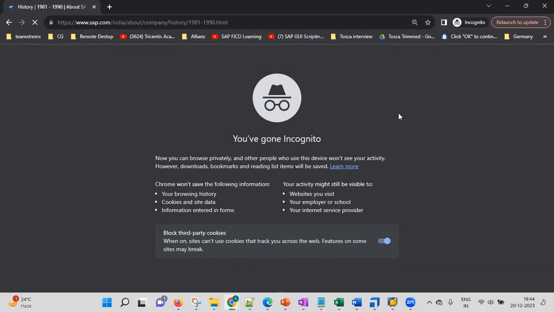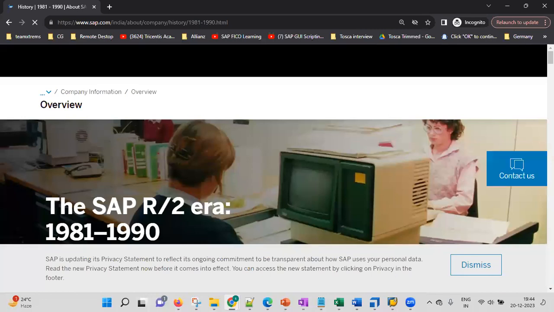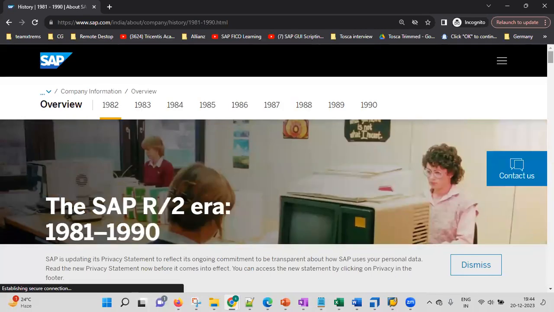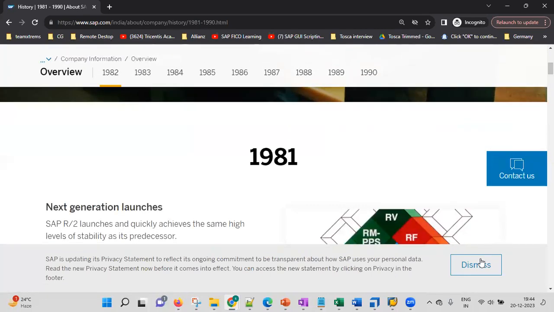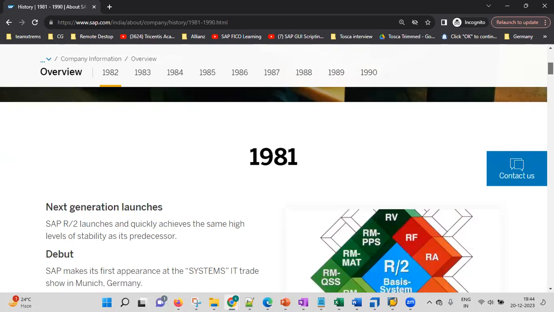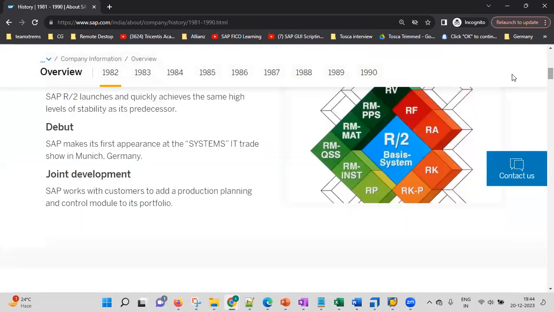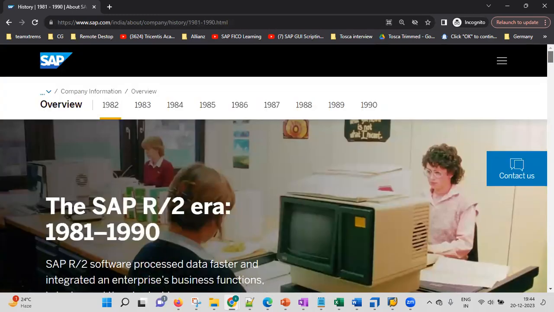This is not told by me. You can see about its history on the SAP website itself, sap.com. The company itself kept that information there.